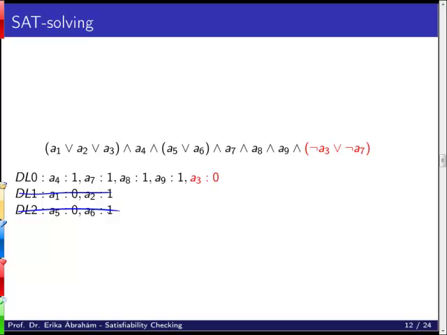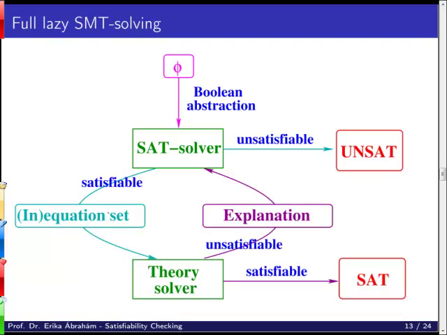Not A3, and with the new clause, from A7 I imply that A3 must be false. And now I do not have any further propagations. A3 makes this clause true, but there are no new implications. So I made my current partial assignment consistent with my formula, and I can continue and search further for a new solution.